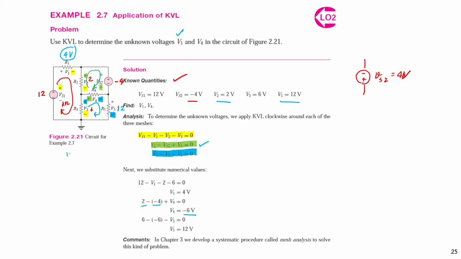V4 is minus 4 volt. This means that for this equipment, if we assign positive and negative for V4, we will get a value of minus 4 volt.